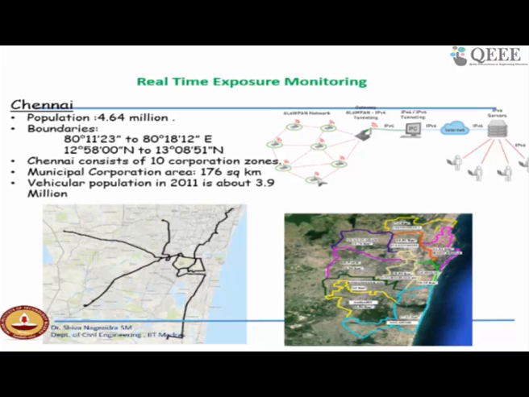Now you can identify such locations within the urban area and decide how many such stations should be there in a particular city. Now the question comes here: each station has some limitations. Any of these sophisticated monitoring stations will have a coverage of up to 500 meters. Any monitoring station you set up will be able to capture information up to 500 meters.